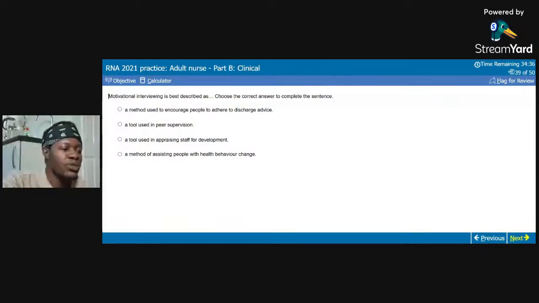That should be a method to assist people to change. A tool used for appraising staff for development. Oh God, why am I so split with this too? Or is it because I'm getting hungry?